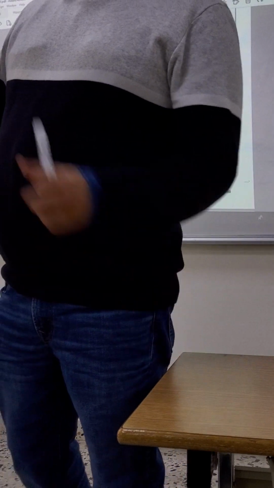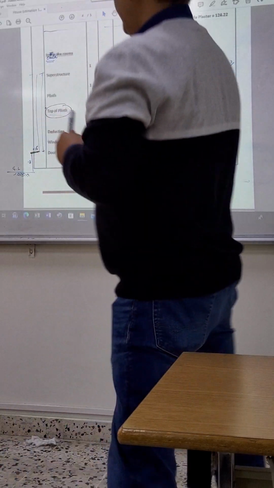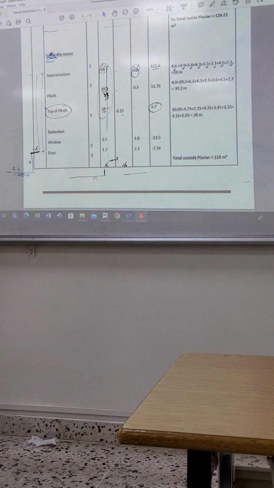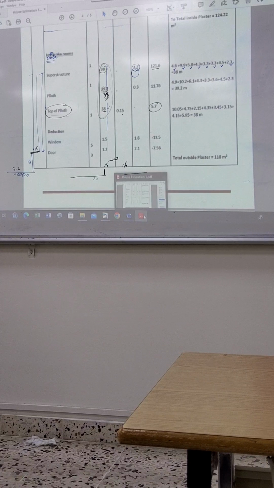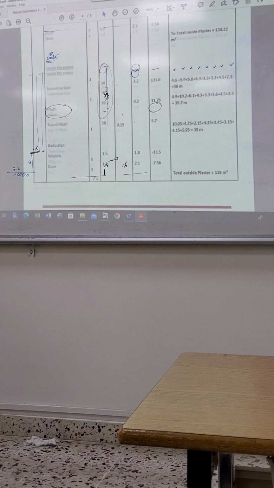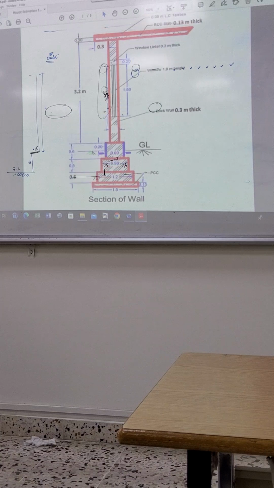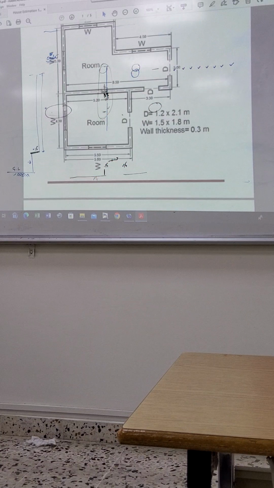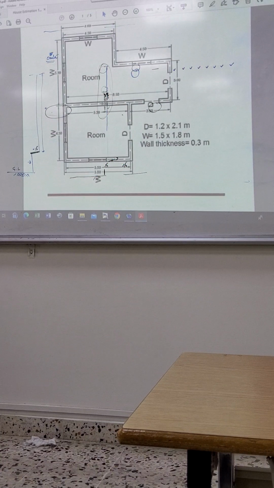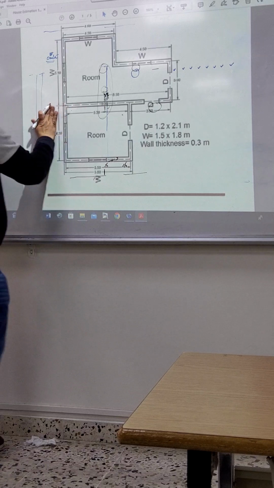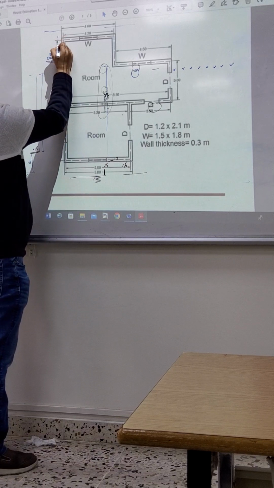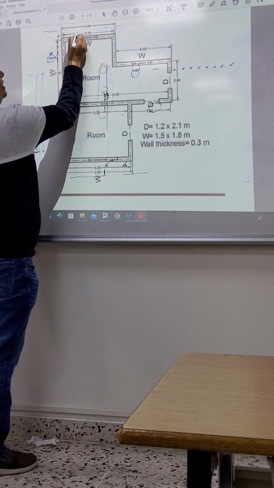Let me tell you why it is more. So we take more length. Why is it 39.2? Just come here. This is the plan of the building. Your plinth will be like this.